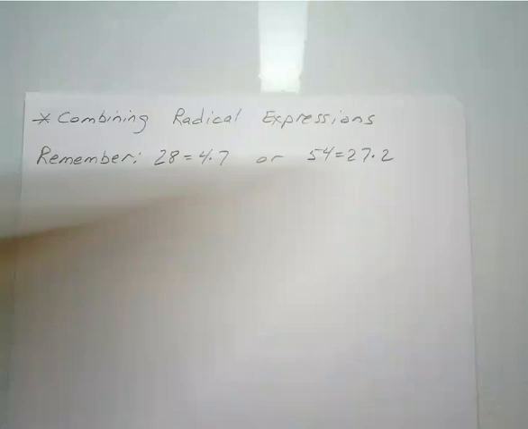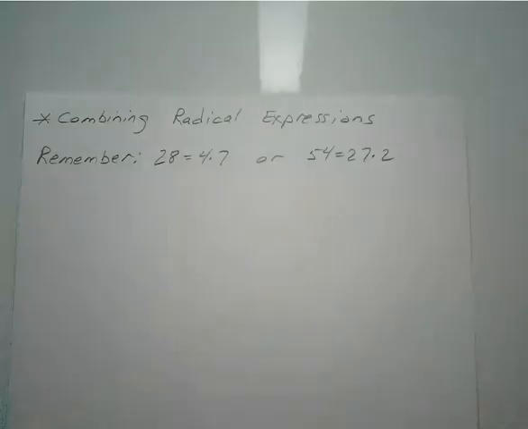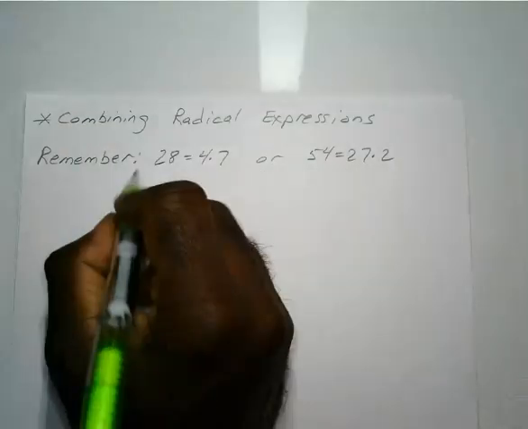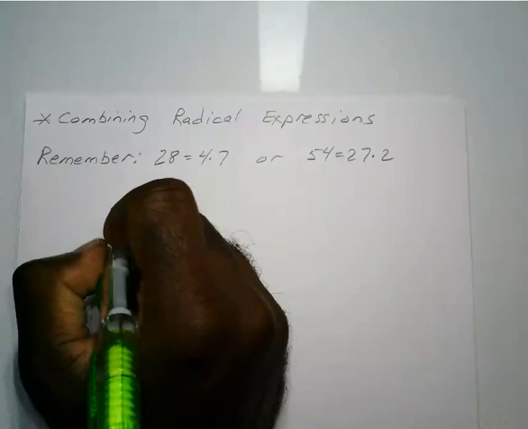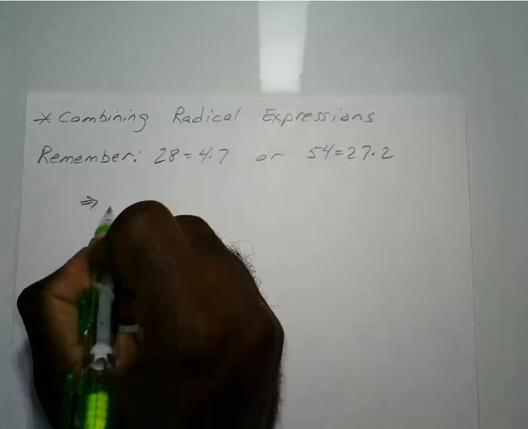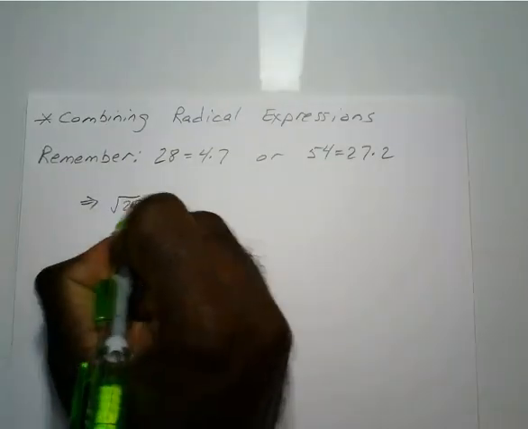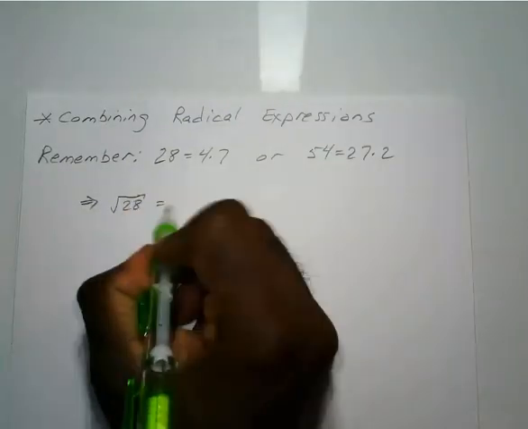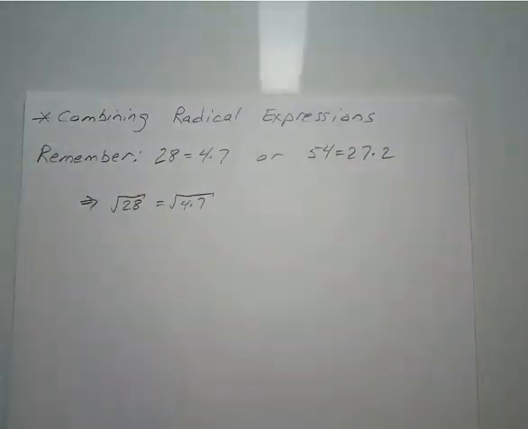Okay, we can actually convert square root of 28 is equal to square root of 4 times 7. Or we can make the cube root of 54 equal the cube root of 27 times 2.